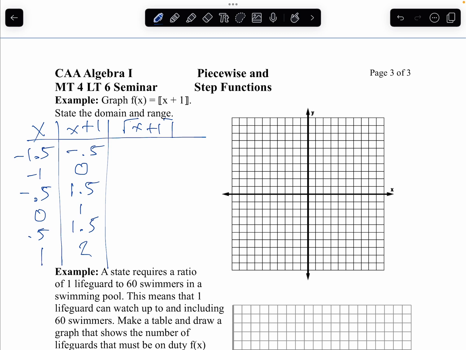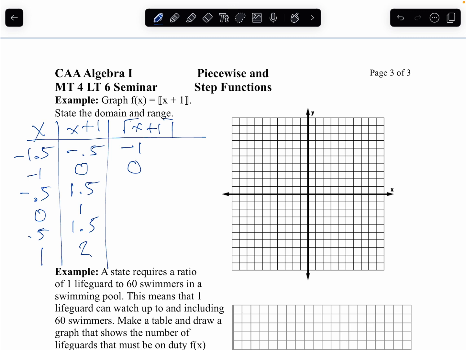Now, I'm going to take each of these numbers and round it down. I'm going to pick the biggest integer that's less than or equal to that number. So the biggest integer for negative 0.5, well, that's negative 1, isn't it? 0 is 0. Don't have to do anything if it's a whole number.